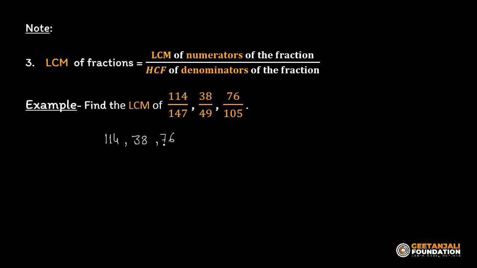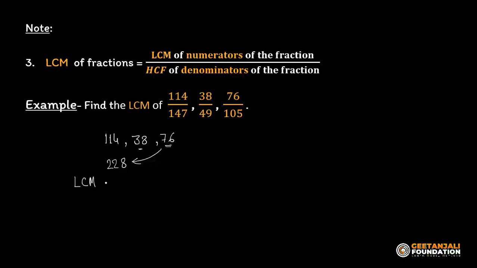Now you can see 114 is a multiple of 38, but not a multiple of 76. Let's find multiples of 114 until we find some number which is divisible by 76 also. I'm using a shortcut method, a Vedic Math method. 114 times 2 is 228. Yes, 228 is completely divisible by 76.